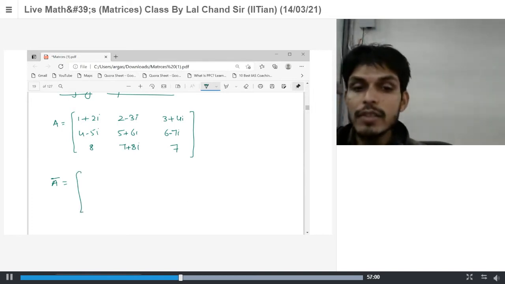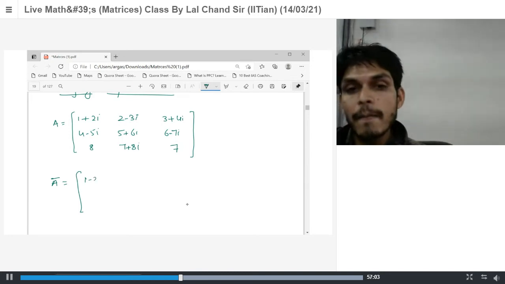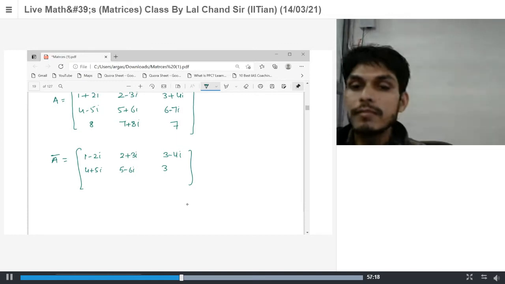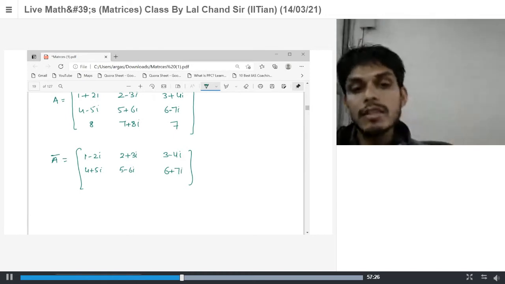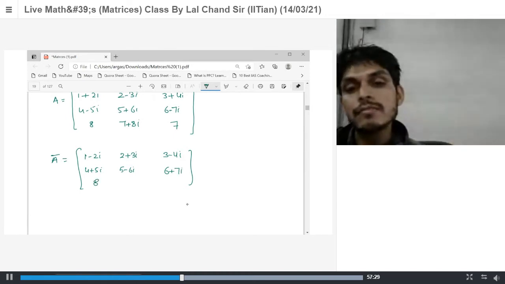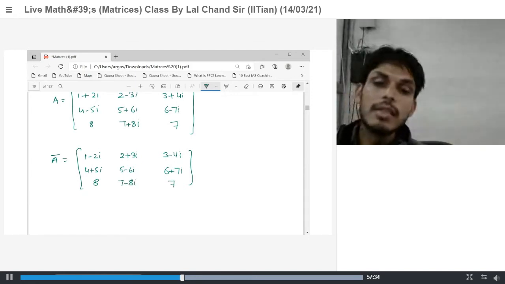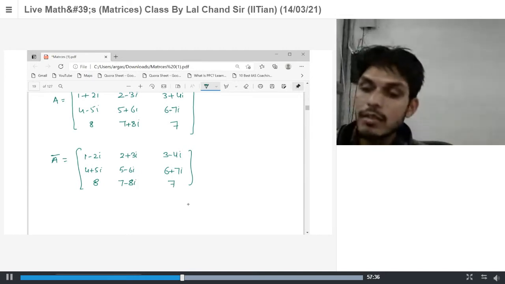Then this will be turned into 1 minus 2i, 2 plus 3i, 3 minus 4i, 4 plus 5i, 5 minus 6i, 6 plus 7i, 8, 7 minus 8i, and 7. So this is the conjugate matrix.